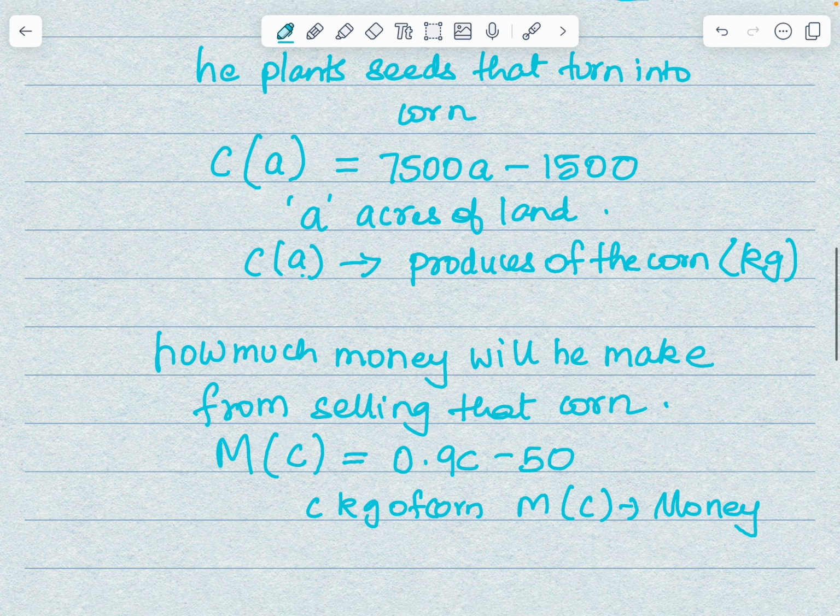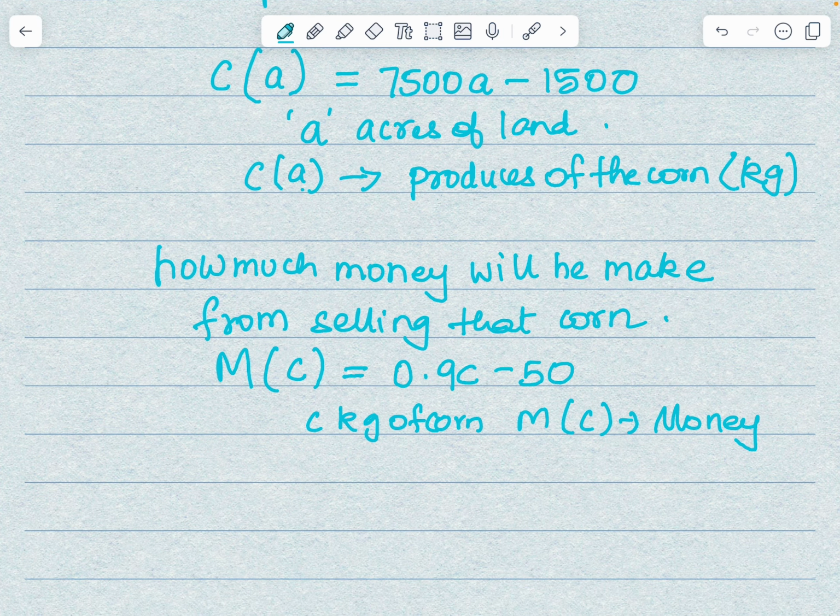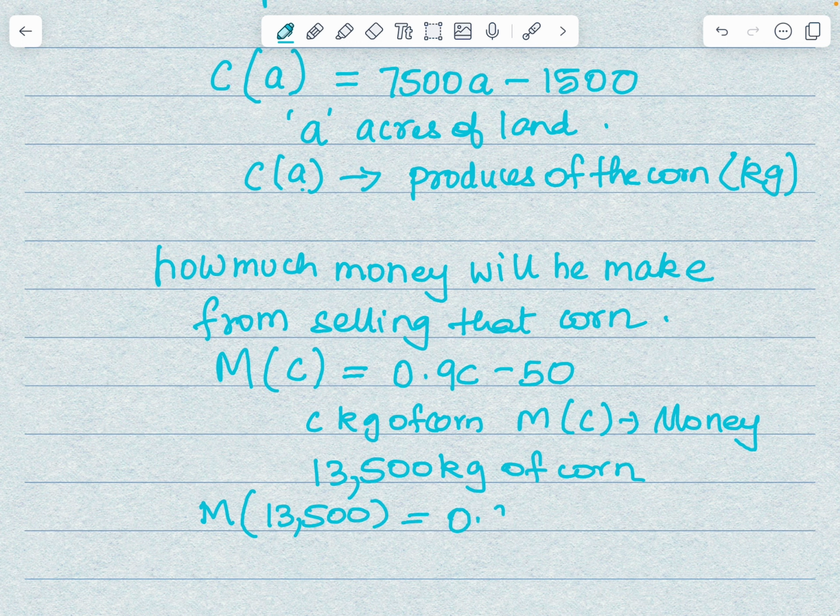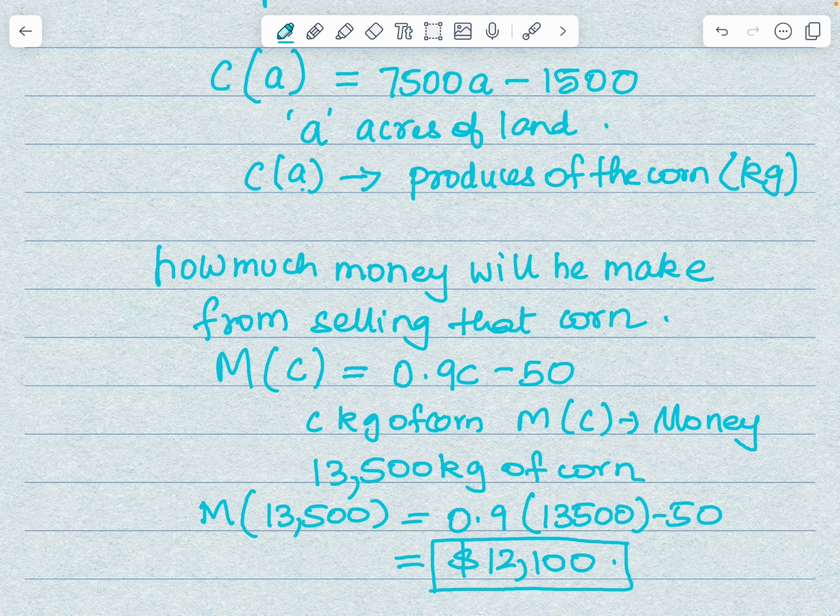Let's say that he produced 13,500 kilograms of corn. Then he puts that value in the equation, and when you evaluate it, he knows that he makes this much money.